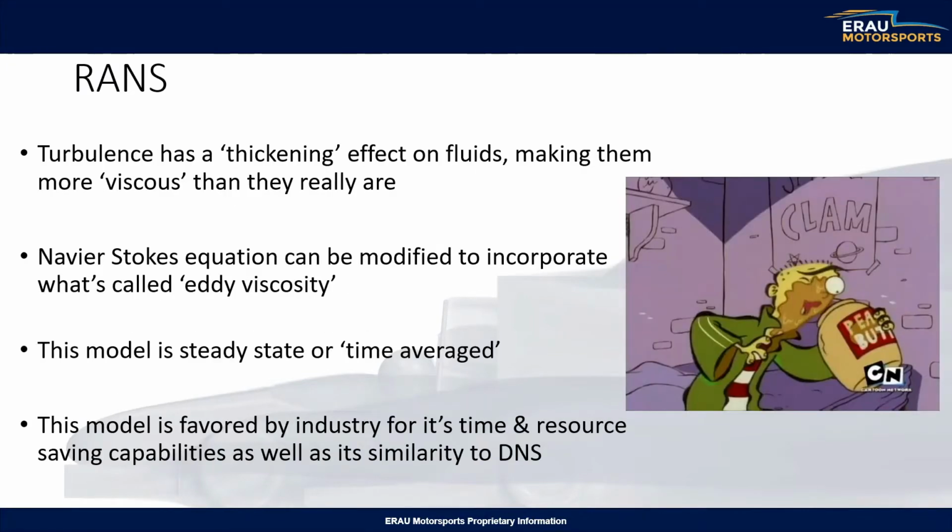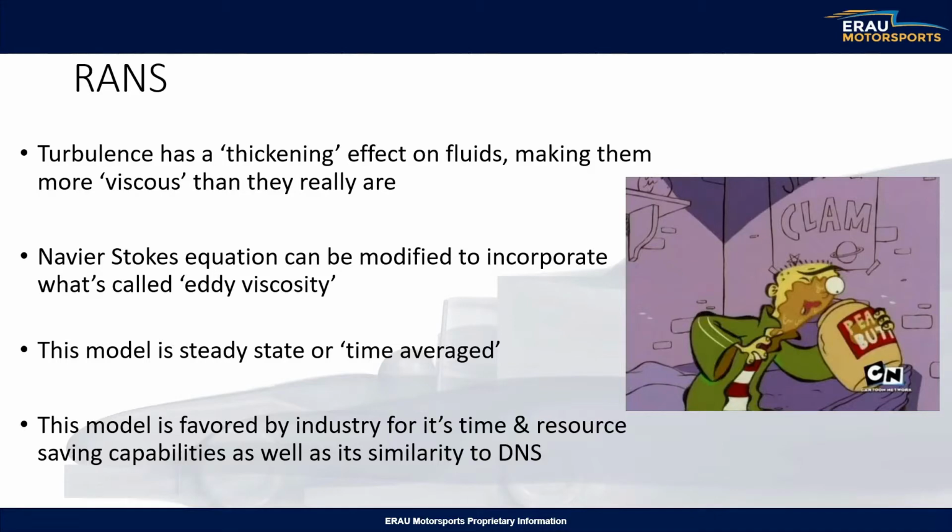So the problem of computation time was fixed when we later found out that turbulence has an effect of thickening the fluid, making them more viscous than they really are. So in theory, we can modify the Navier-Stokes equations to mimic the effect of viscosity without actually having to resolve all the small eddies.